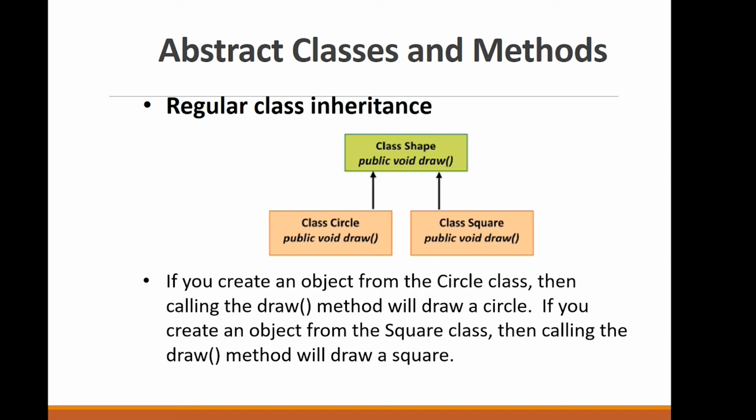Okay, so even with our regular class inheritance, if we have draw, it will allow us to use the draw method from the methods that the class inherited, and then we are able to modify the method based on how we want to use it.